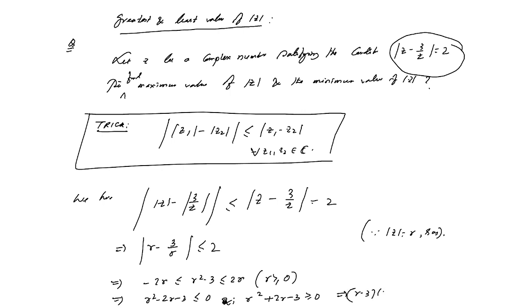So (r minus 3) into (r plus 1) is less than or equal to 0, and (r plus 3) and (r minus 1) is greater than or equal to 0. So this implies 0 less than r less than or equal to 3, as r is greater than 0, and r greater than or equal to 1, since r is greater than 0.